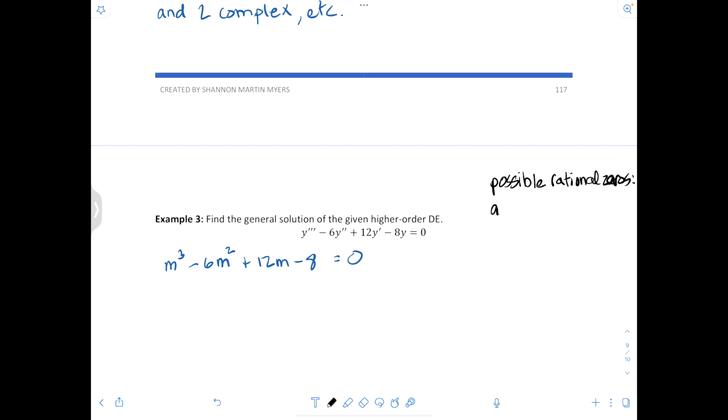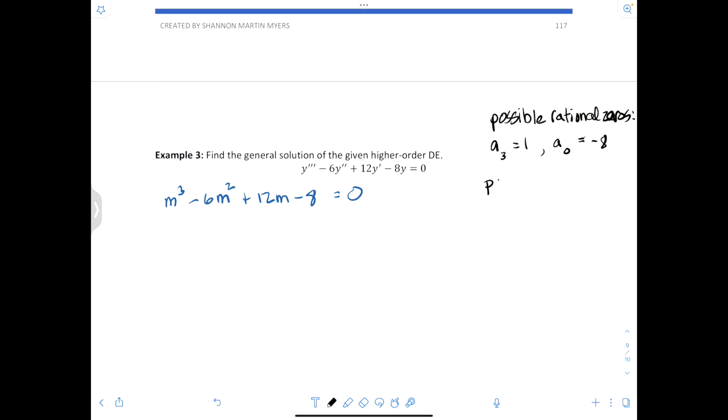So your leading term a sub n is equal to 1. Your constant term a sub 0 is equal to negative 8, right? So p consists of the integer factors of negative 8: plus or minus 1, plus or minus 2, plus or minus 4, or plus or minus 8. q are the possible factors for 1, which are just plus or minus 1.